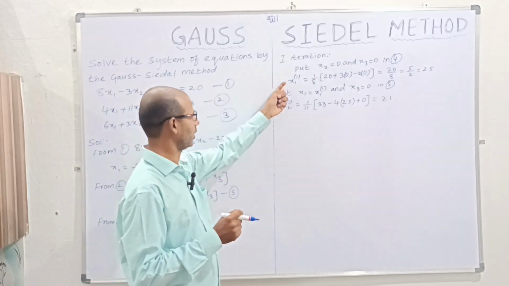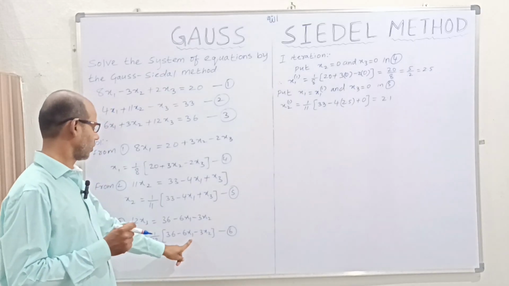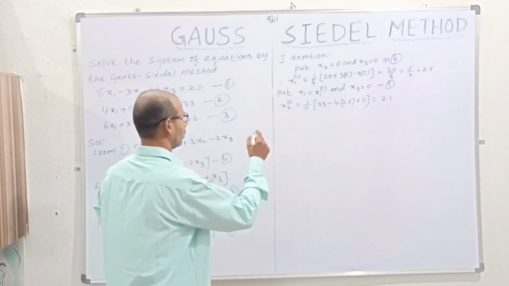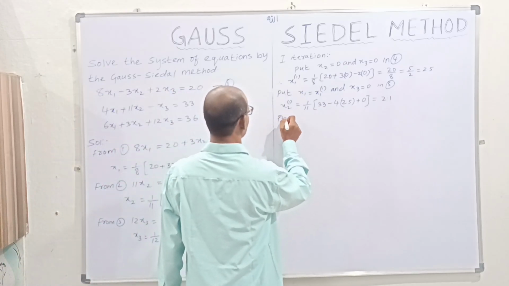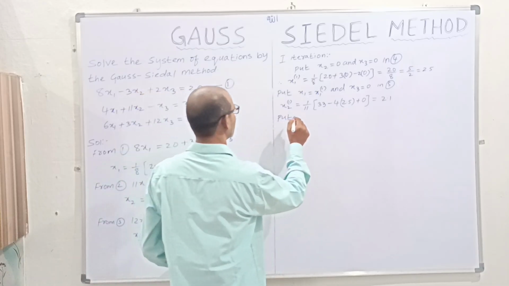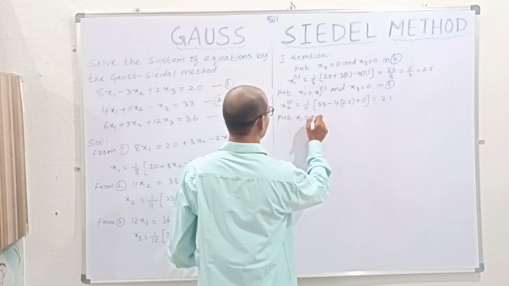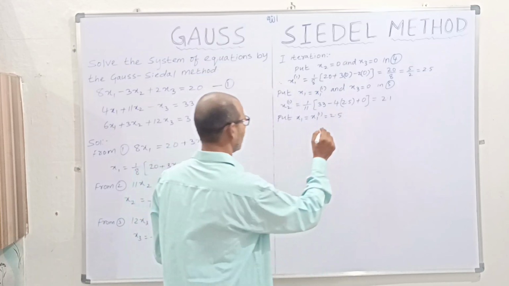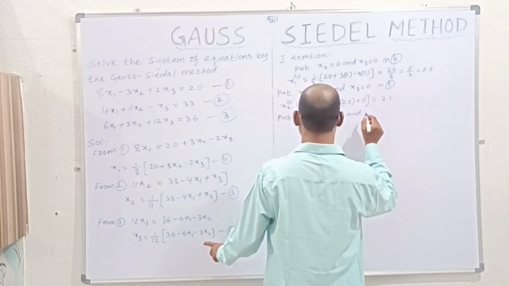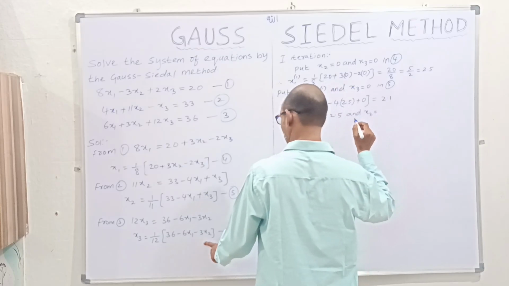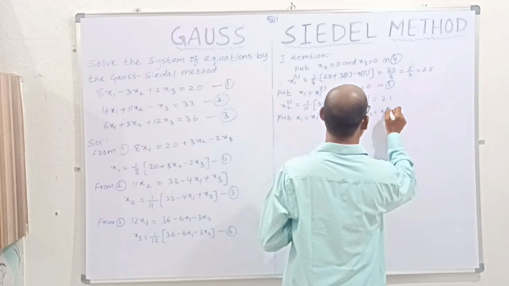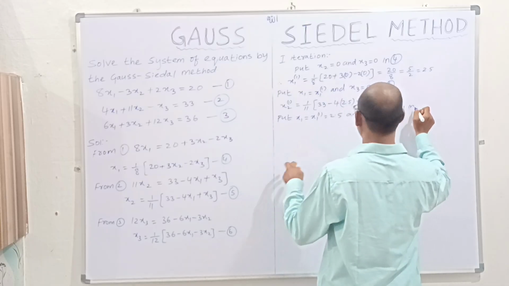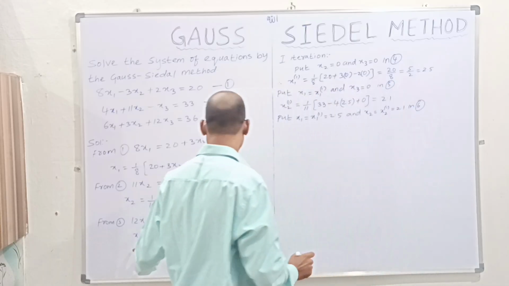We are going to make use of these values, substituting the new values from the iteration instead of x1 and x2. So put x1 equal to 2.5 and x2 equal to the first iteration value, that is 2.1, in equation number 6.